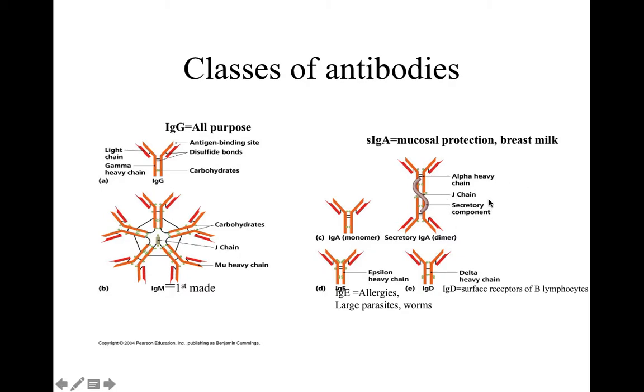And the J chain, sorry, is going to attach two of the monomers together to make a dimer. So these IgA dimers are called secretory IgA, and we're going to find them in really high concentration in that mucus blanket, right, of our mucous membranes. And you guys, it's also really rich in breast milk. Yeah, this is so cool.